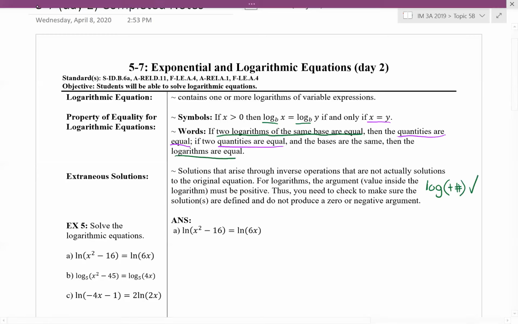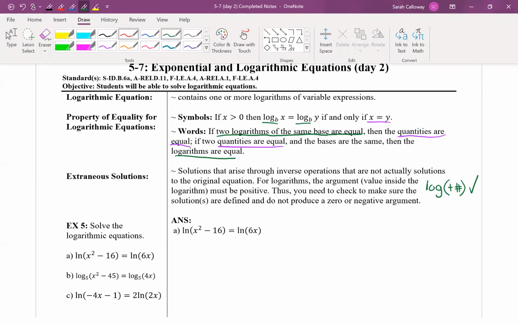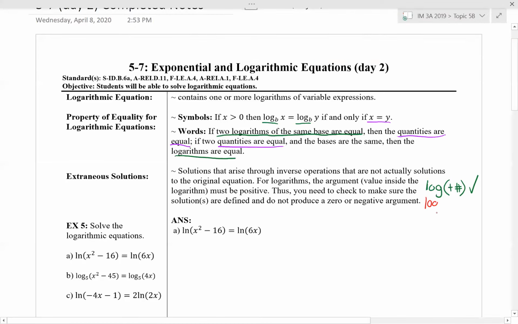That's good. However, if I have log of 0, that's not good. And if I have log of a negative number, that's not good.